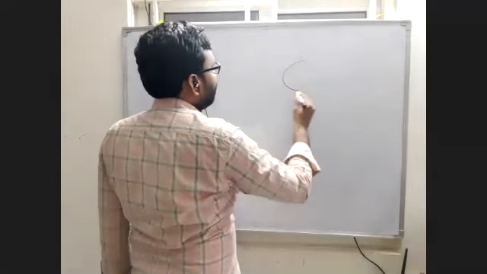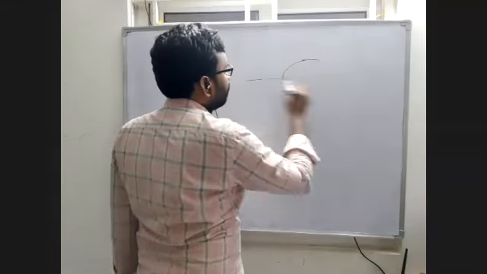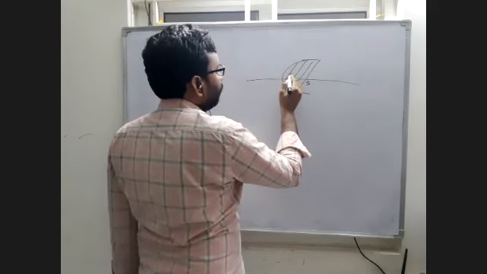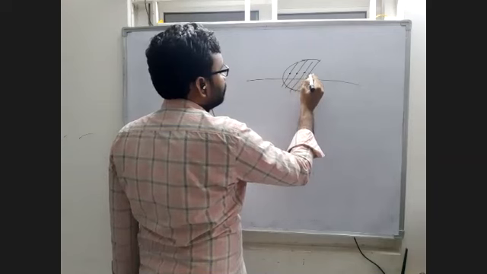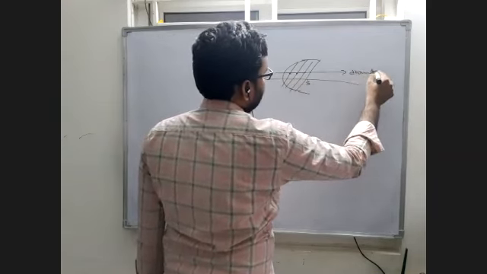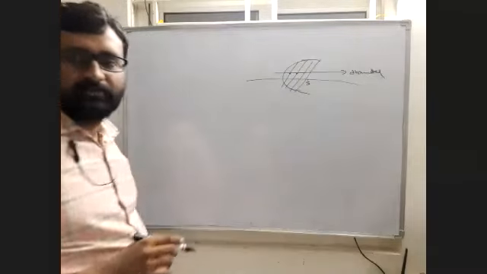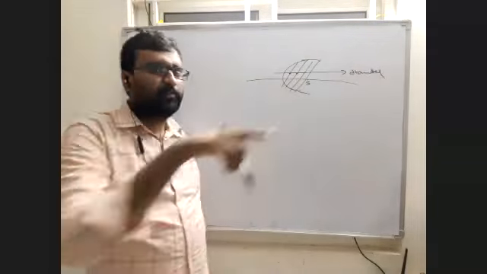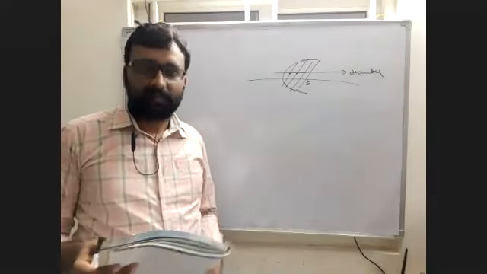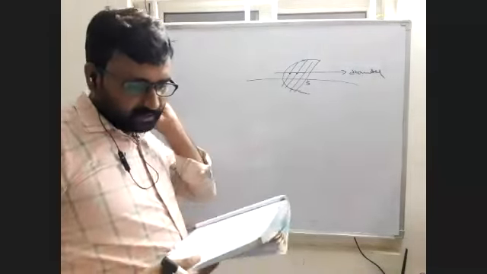We can draw a number of chords for the parabola, and the midpoints of these chords form the diameter. The locus of the midpoints of the chords of the parabola is called the diameter of the parabola.